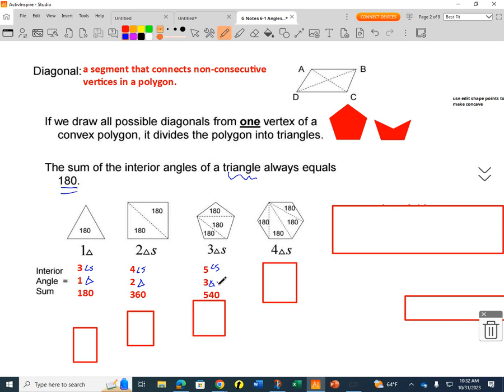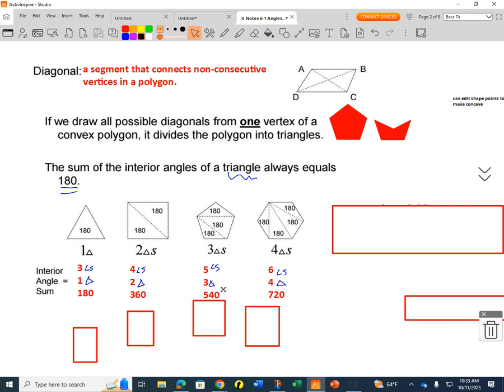So 3 times 180 is 540. And last but not least, 6 sides or 6 angles, 4 triangles: 1, 2, 3, 4. 720 total interior degrees of this polygon.